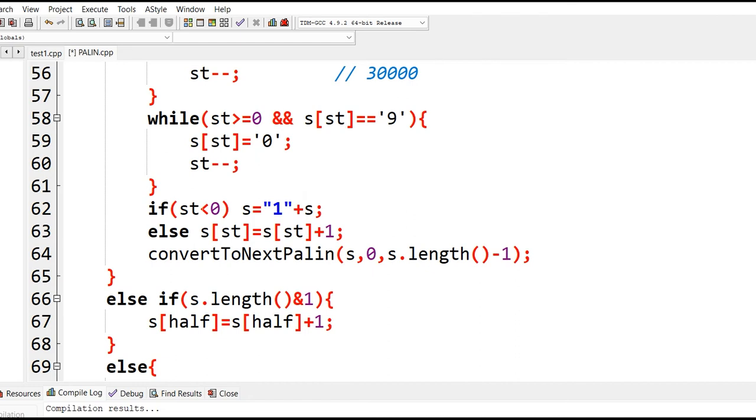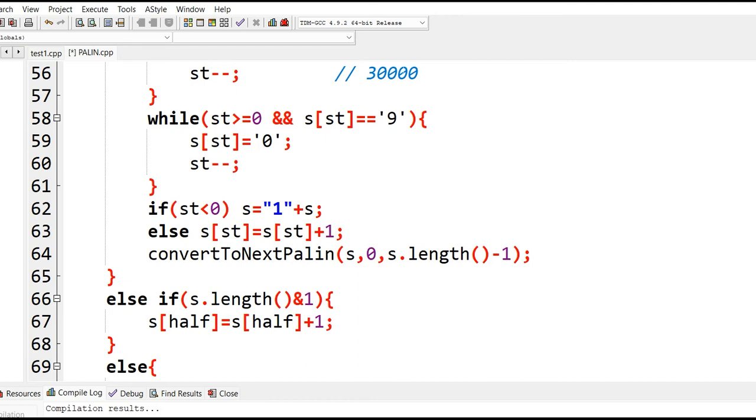And now if SC is less than 0, it means that all the positions were 9, so this string has actually increased in its length, so we add a +1 in the starting. Otherwise we just increase s of st equal to s of st plus 1.